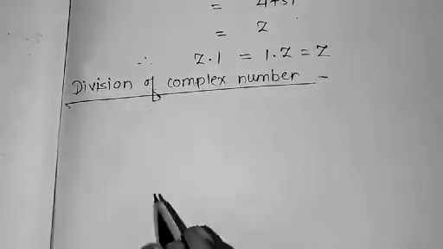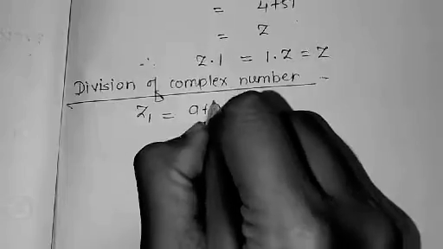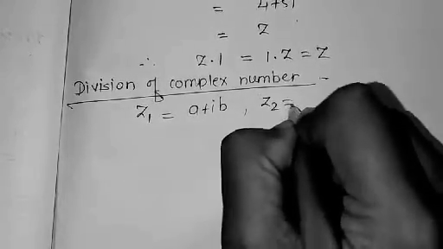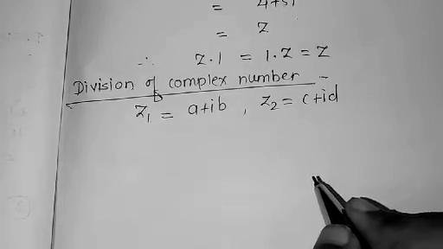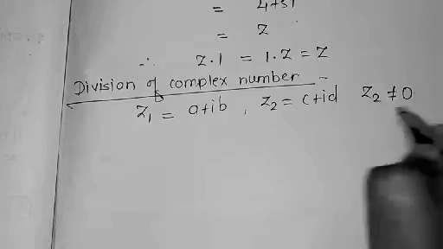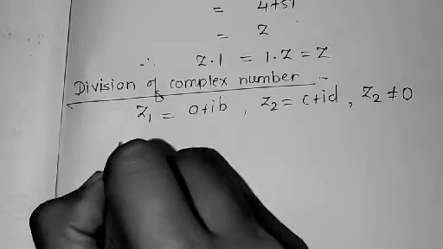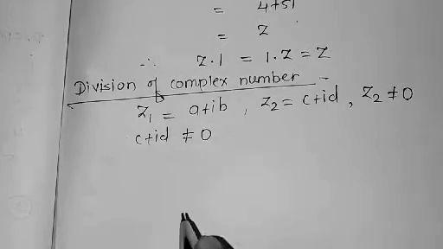For this, again consider two complex numbers, that is z1 is equal to a plus ib and z2 is equal to c plus id. Here the condition for division is z2 is not equal to 0, that means this c plus id is not equal to 0.